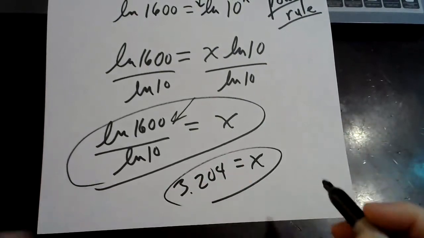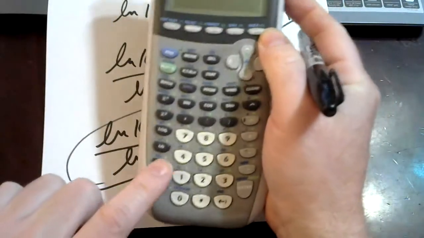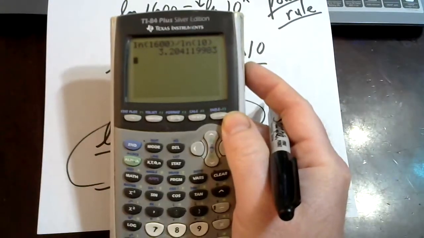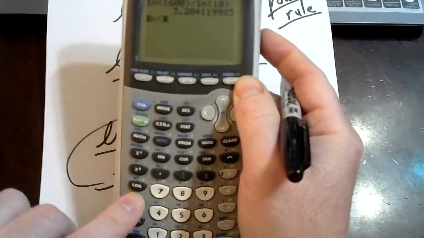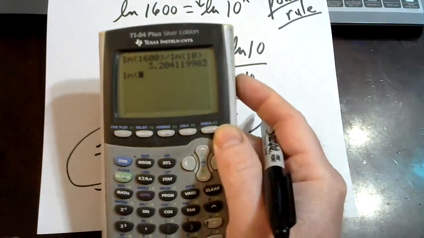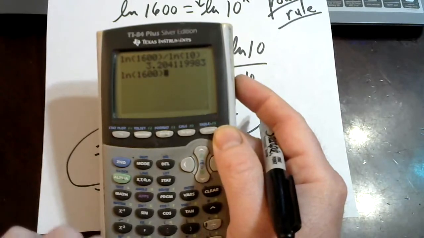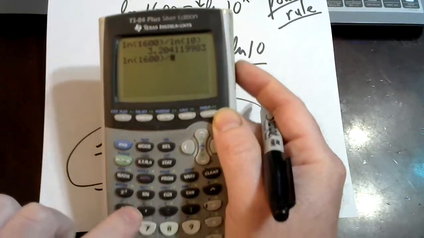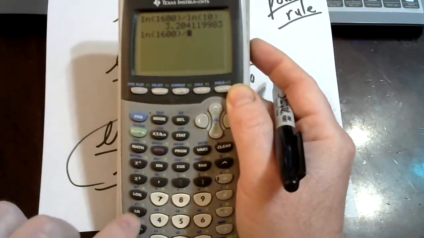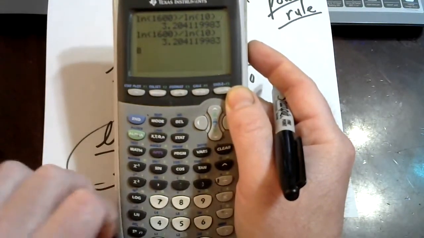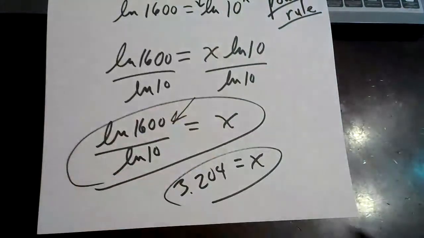All right, and remember the natural log key is right there. So if I wanted to find natural log of 1600, I just press natural log, and then you see that left parenthesis, enter the 1600, close the parenthesis before you say divided by natural log 10. And I think on another video I showed you how to do it on the Inspire.